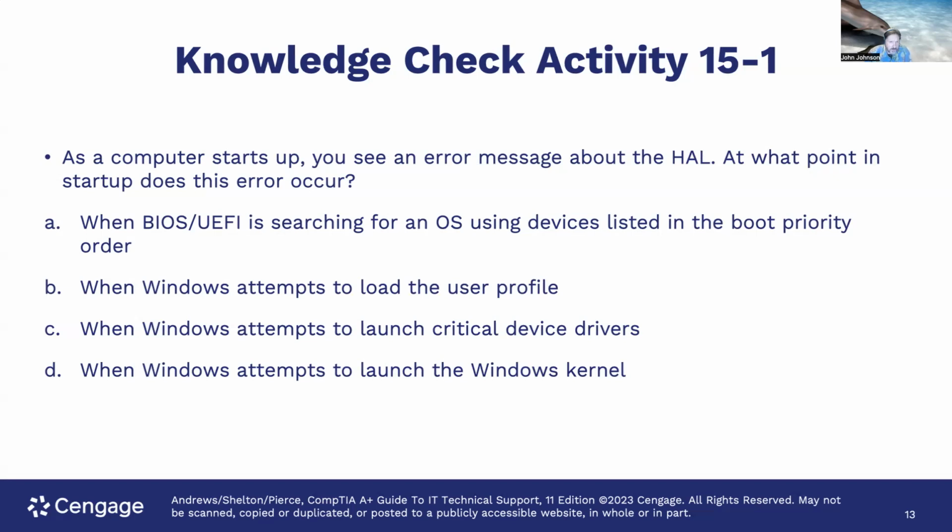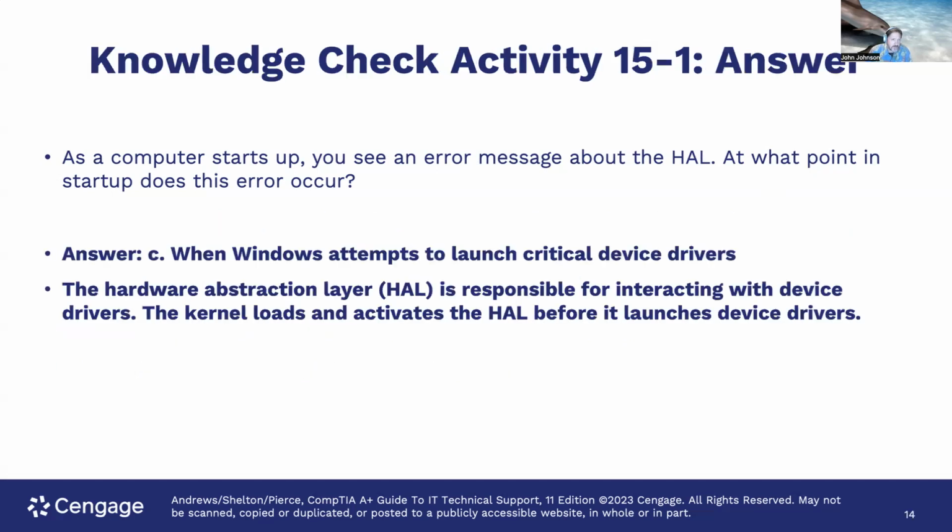Then when Windows attempts to launch critical device drivers, that sounds very likely, because again, we're talking about the hardware. Then we've got when Windows attempts to launch the Windows kernel, and that sounds less likely, but more so than the other options. So I'm going to go with C here.